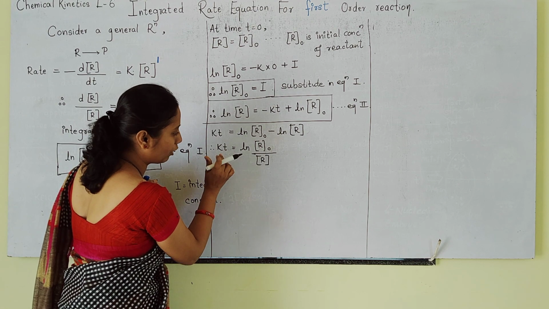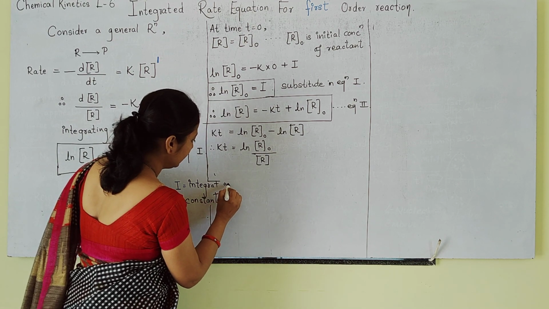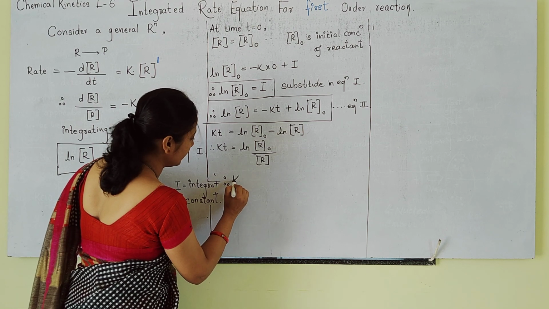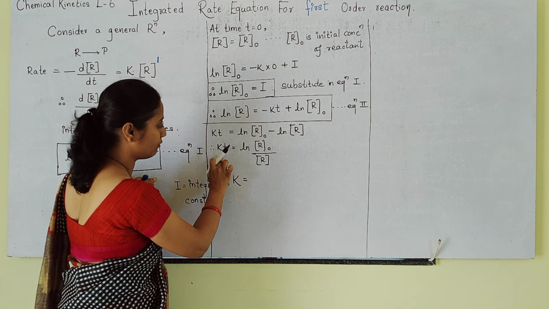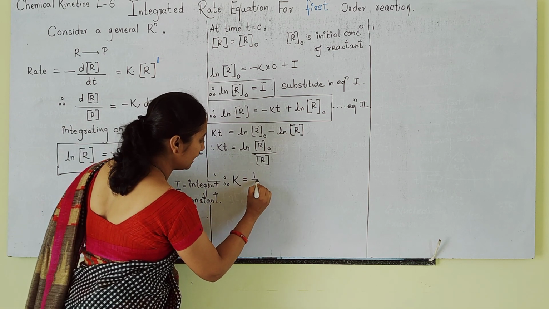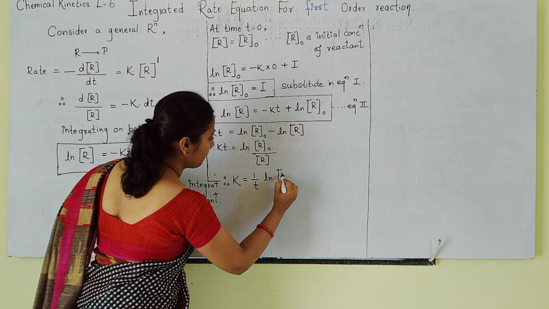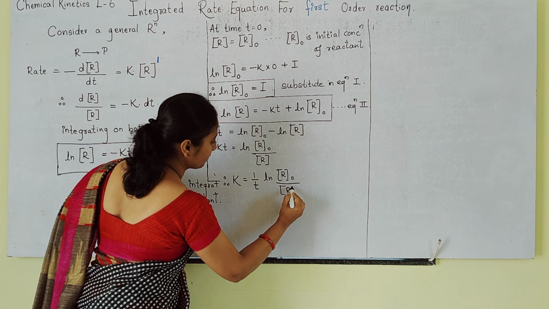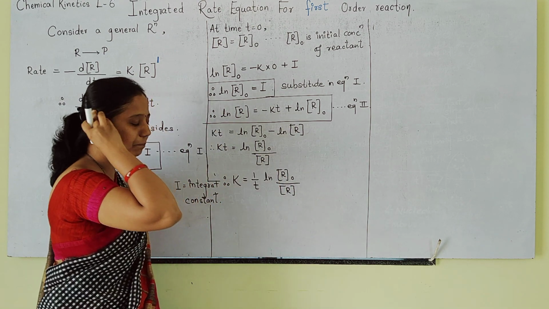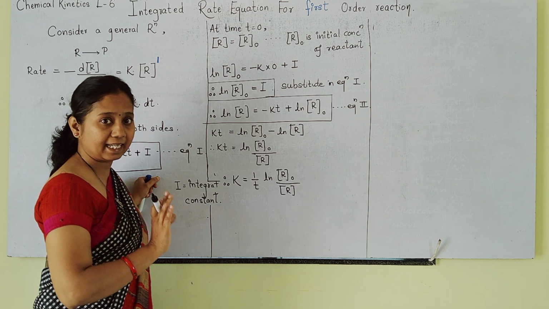Next, for k, what can you write? We have to substitute for k. Therefore k is equal to, t is here for multiplication, it will go for division, so 1 by t. This is the equation for k.